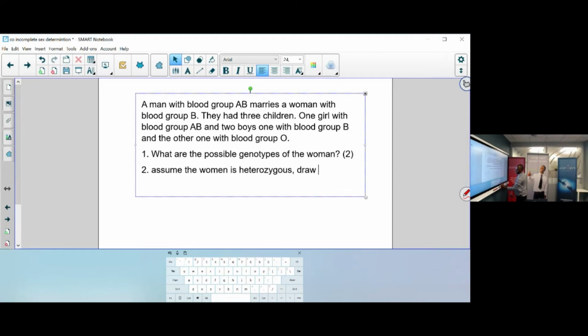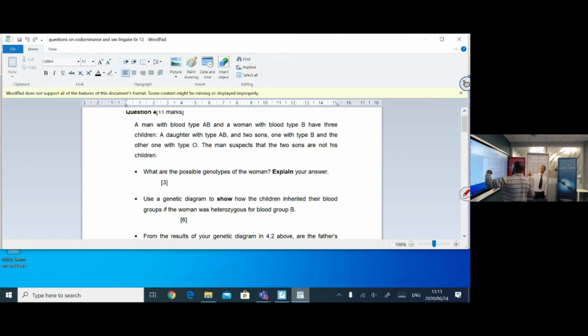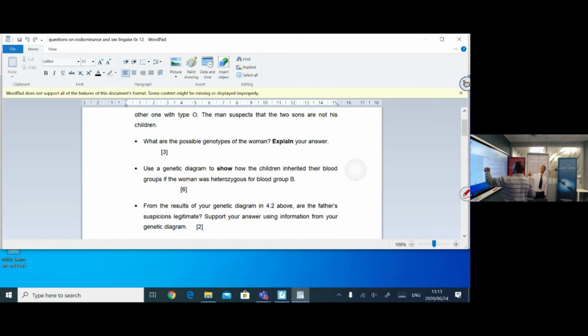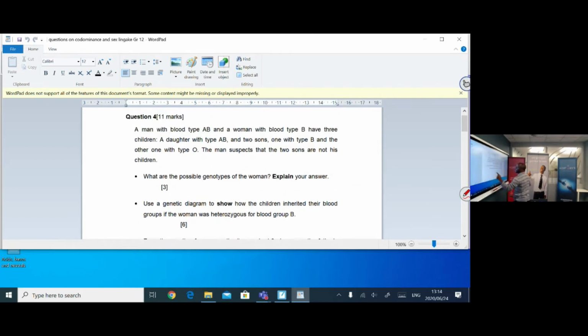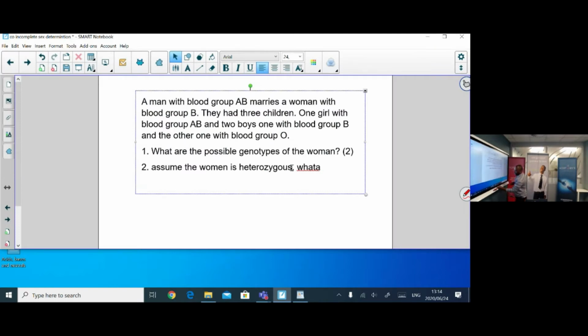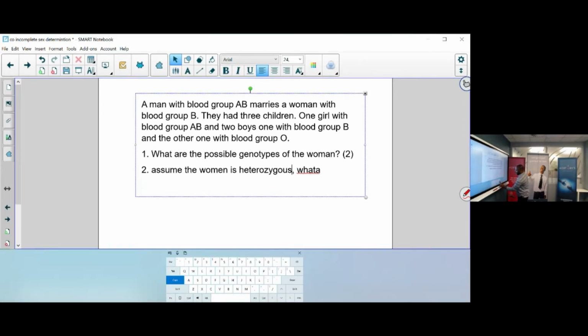Draw, no, let me say it this way. Assuming the woman is heterozygous, ensure it's B, because we are dealing with assuming the woman is heterozygous. B for that.